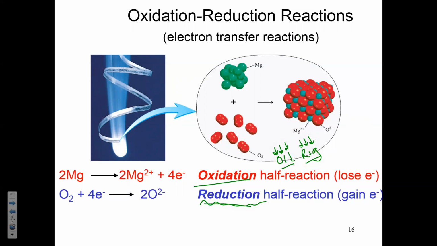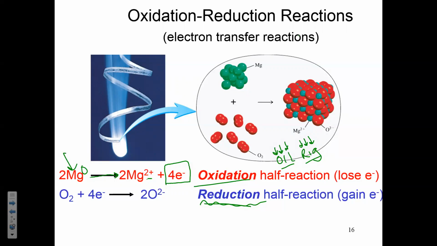So if we look here, we know this is the portion of oxidation because Mg right here is going to go through the process of losing 4 electrons. And when it loses electrons, then we gain a charge.